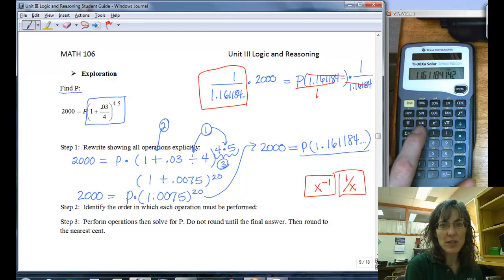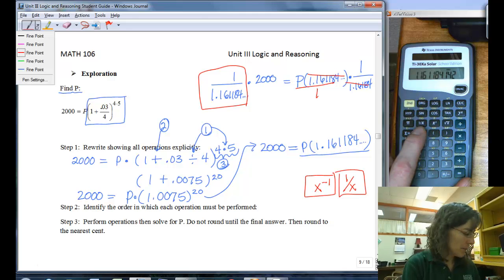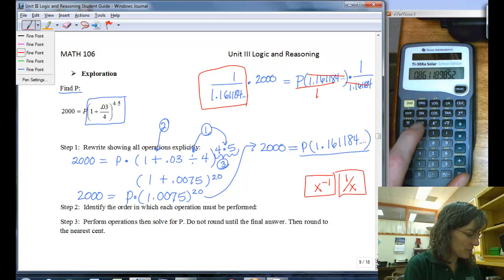This x to the -1 power is the exact same button as this 1 over x. They work in the same way. So when I push that, it's going to give me a decimal value, but it's the equivalent of taking 1 divided by what I have here in the denominator now, which was my constant that I was multiplying by my P.